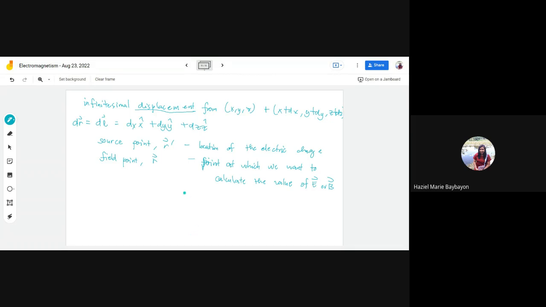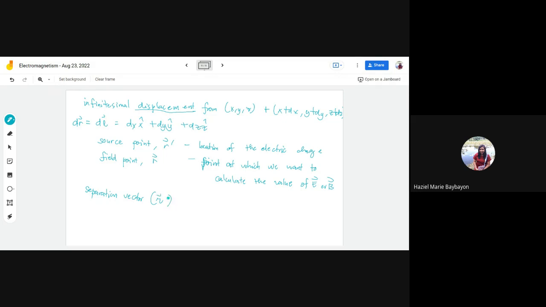Okay, so since we have already defined the source point and the field point, then we can define the separation vector. It is dependent on these 2 points, the source point and the field point. So the separation vector, we can denote it as this letter. Kini siya, r gyapon sa class, but pinakinatay nga letter r.